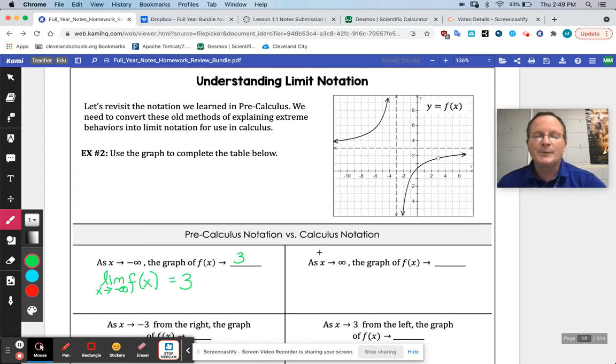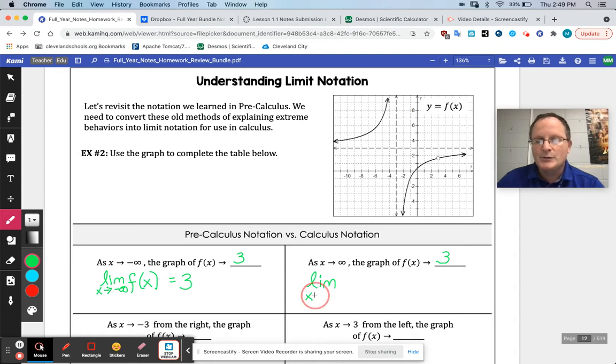That's very powerful. As x goes to the right, as we travel to the right, what does the function approach? What do the y values approach? It's the same thing. This time we're approaching the asymptote from below. So once again, it's 3. The limit, I'm going to write it this way first this time.